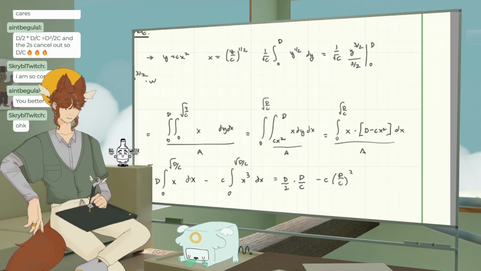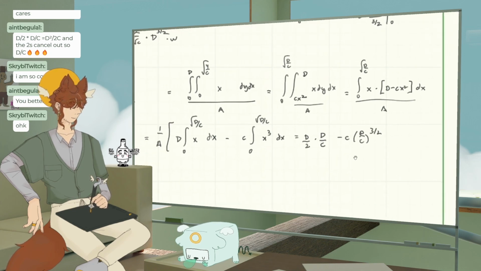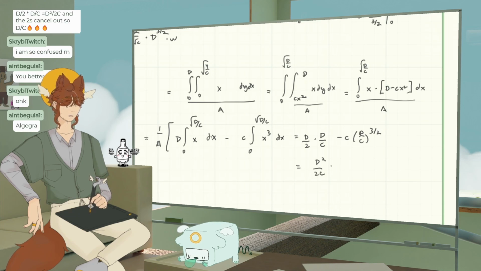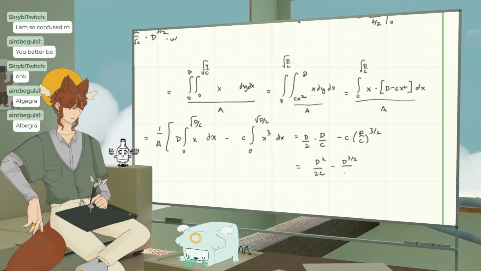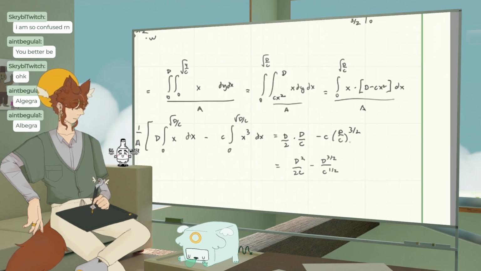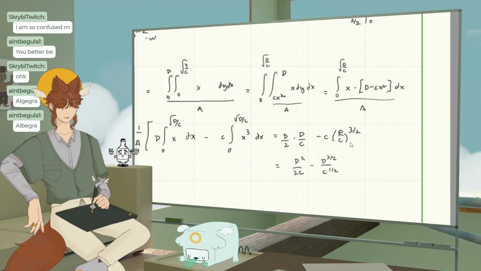I don't know if that's right. I have no clue. So all in all, we get d squared over 2c minus d to the 3/2 over c to the 1/2? Algebra? Yeah. This sucks. I don't know if that's right, even.